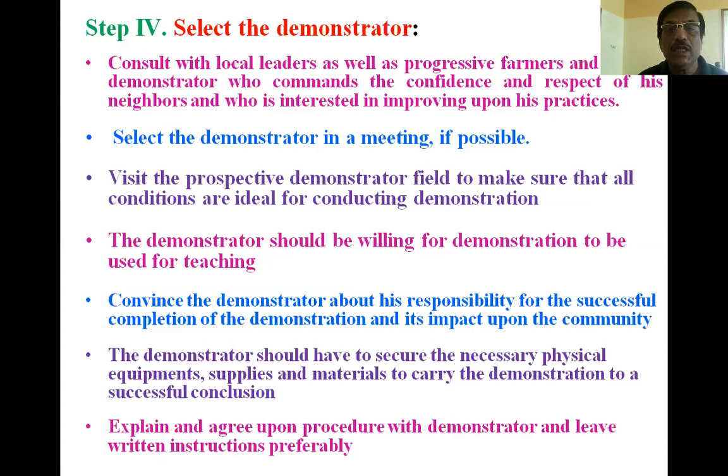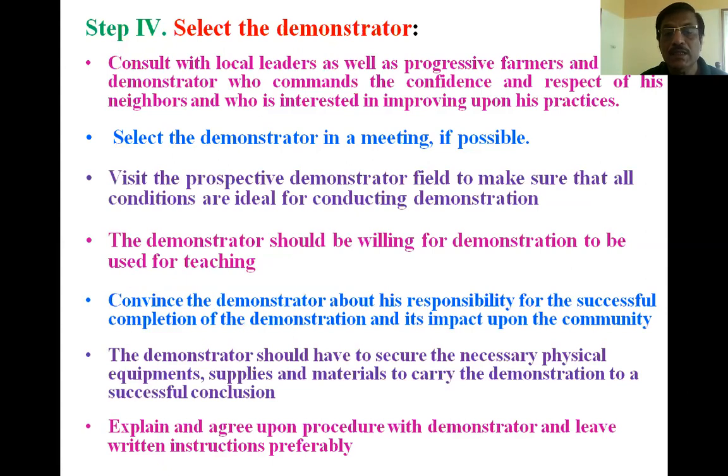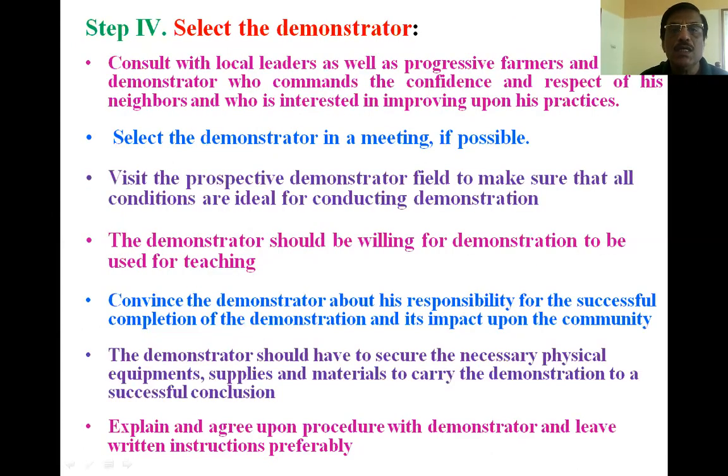Then select the demonstrator. After deciding the demonstration, you should select the demonstrator. Selection of the cooperating demonstrator is also one of the important aspects in conducting the demonstration. So consult with the local leaders as well as progressive farmers and select the demonstrator who commands the confidence. In consultation with the local leaders and local people, you should select the demonstrating farmers.